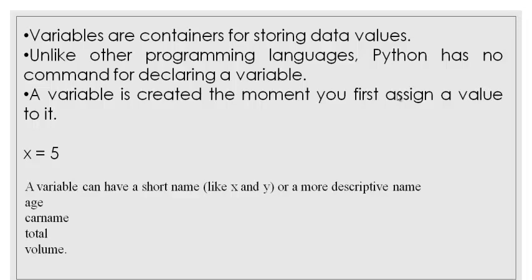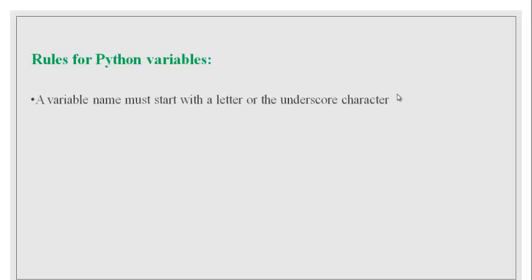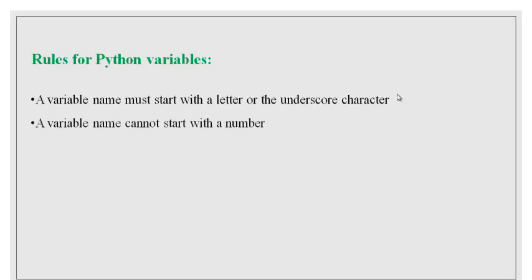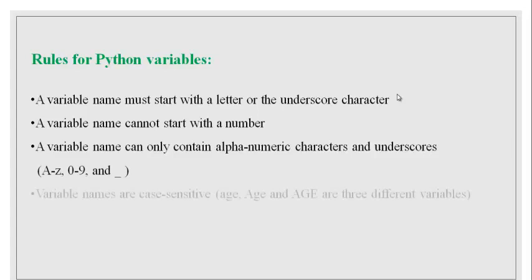Now, a variable name can be a short name like x and y, or a more descriptive name such as age, car name, total, and value. But there are some naming rules for Python variables. A variable name must start with a letter or the underscore. A variable name cannot start with a number. A variable name can only contain alphanumeric characters and underscore, from A to Z, 0 to 9, and underscore.